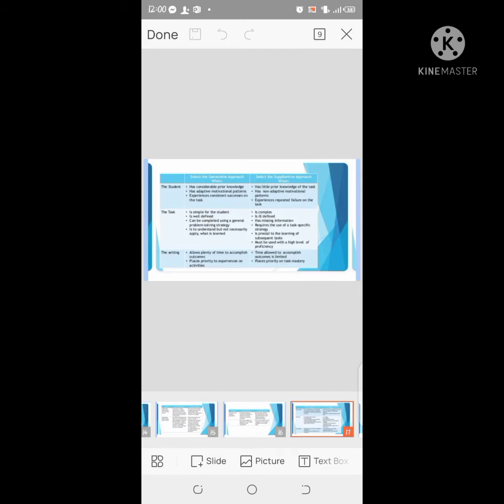So first, in the first column, we have the students, task, and the setting. The second column is about the generative approach, and the third one is the supplementive approach. So it's still focused on the two approaches. First, we will compare the students.